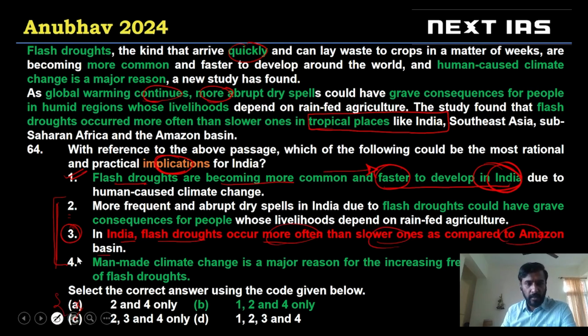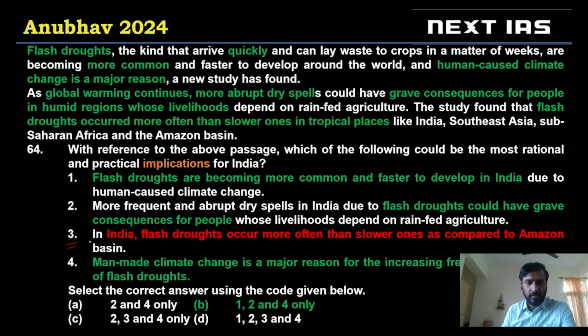So if you notice, everything about statement 3 is correct except as compared to Amazon basin. ये comparison, like I said, fast occur more than slow, ये तो passage में discussed है. But India versus Amazon basin, ये passage में discussed नहीं है. So this comparison we cannot make.